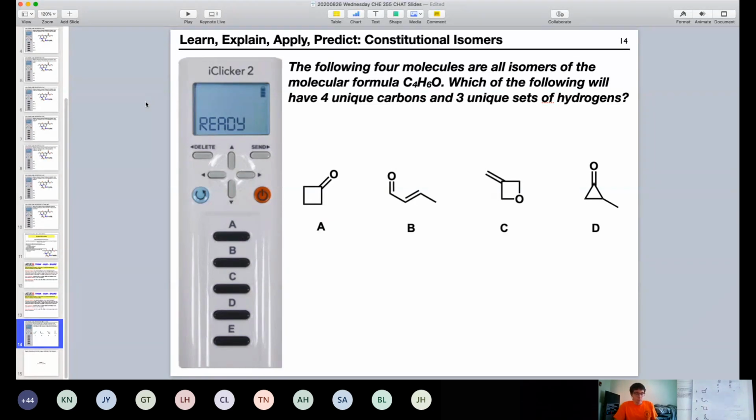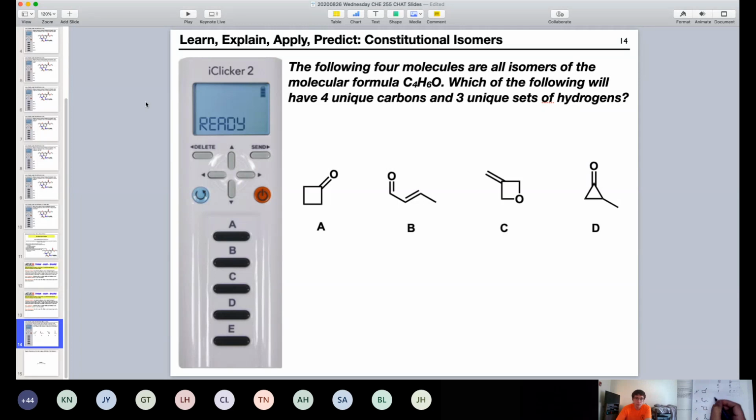Max says 3. How many hydrogen sets? Christina says 2. 3 and 2 does not match what we're looking for, so that's not the correct answer.